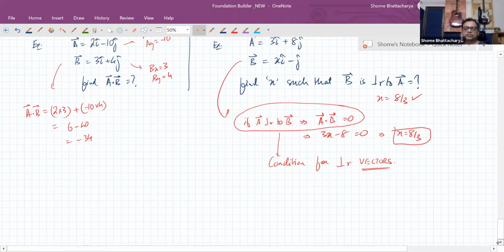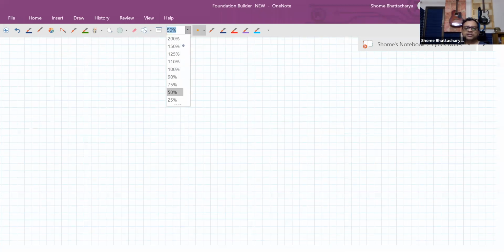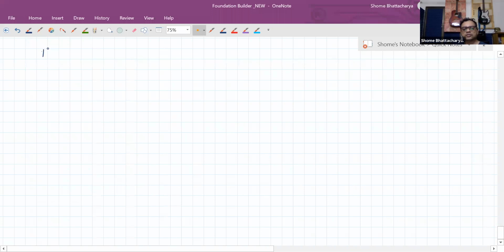Okay, moving on. Now we'll see the dot product in 3D components.